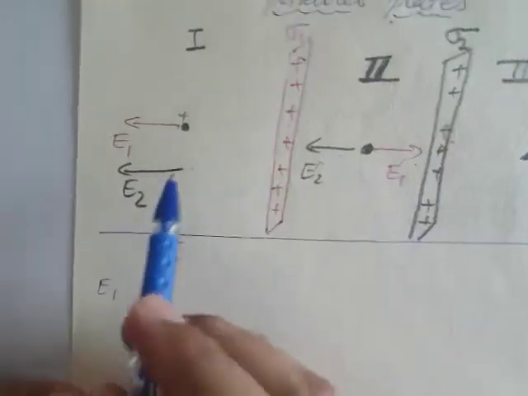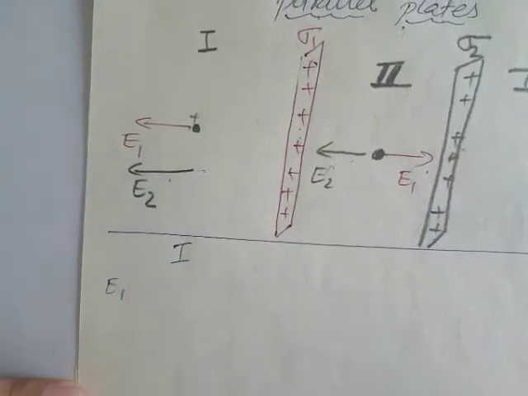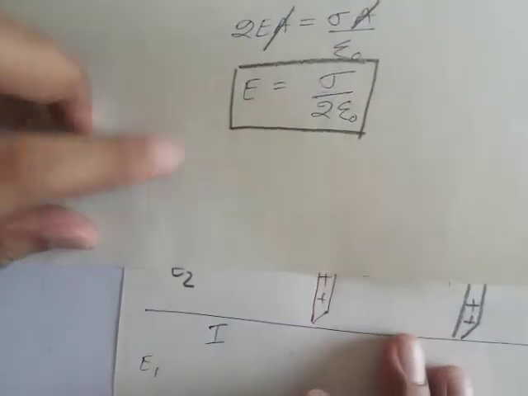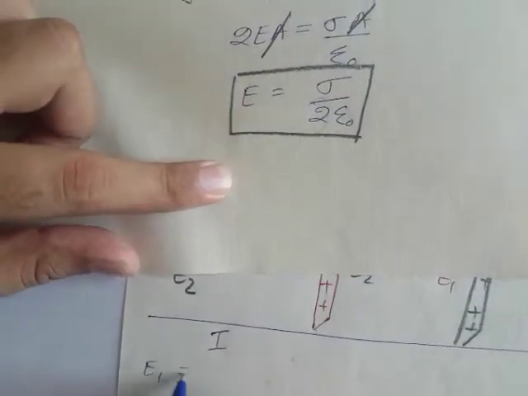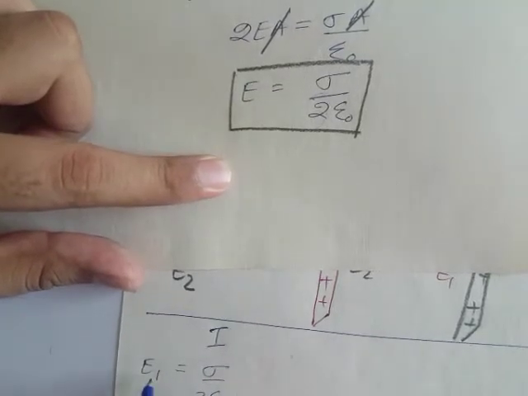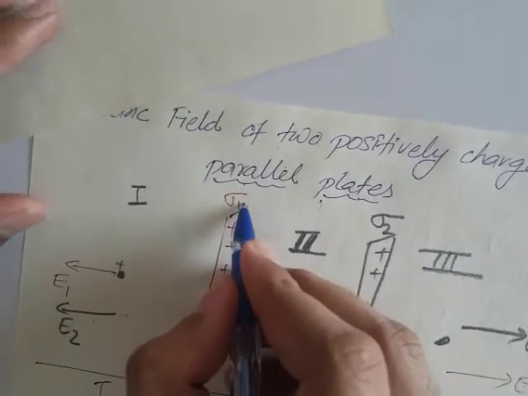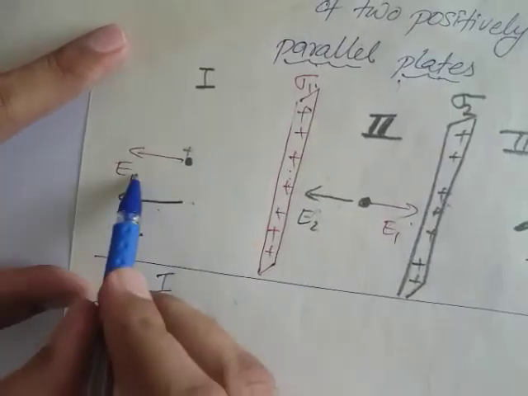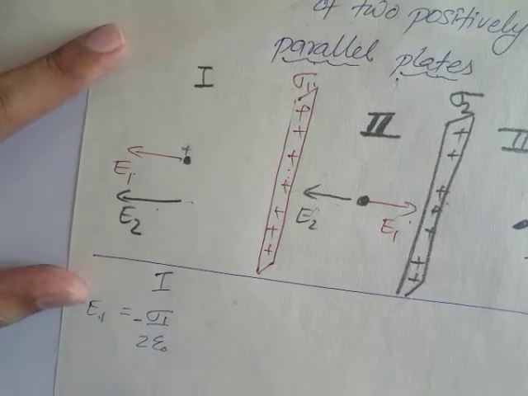So in region 1, E1 is in the opposite direction, and last time we calculated the electric field. As compared to the last formula, E1 can be written as sigma upon 2 epsilon naught. Now it is sheet 1, so we write sigma 1.